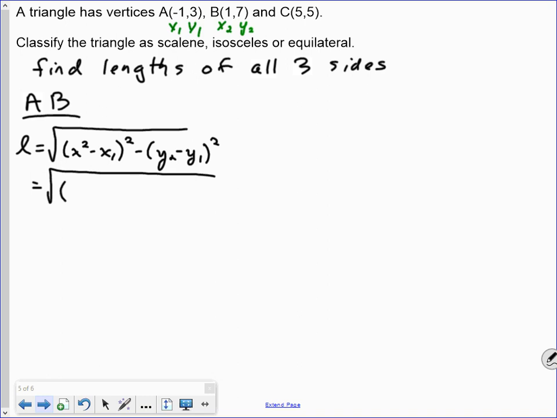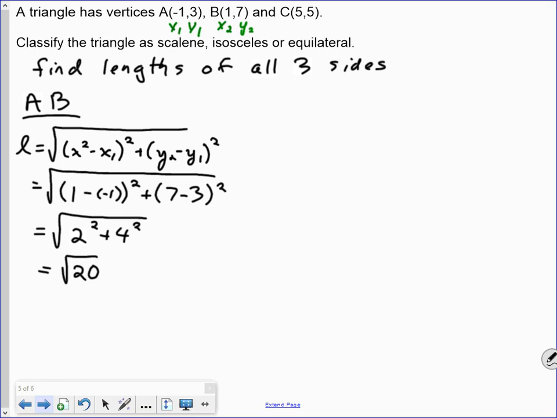If I'm doing AB, again x1, y1, x2, y2, we can sub in our values here. So x2 is going to be 1, x1 is going to be -1, squared. That should be a positive sign in the middle there. And then y2 is 7 minus 3 squared. So 1 minus -1 is going to be 2. 7 minus 3 is 4. 2 squared plus 4 squared is 4 plus 16.